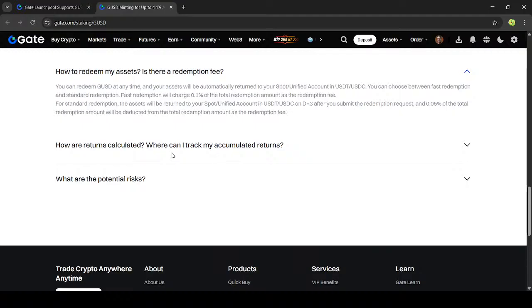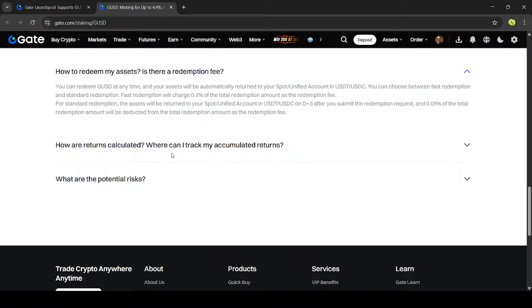You can redeem GUSD at any time and your asset will be automatically returned to your unified account. For USD and USDC you can switch between fast redemption and standard redemption. The fast redemption will charge 0.1% of the total redemption amount as the redemption fee. For standard redemption, the asset will be returned to your spot unified account in USDT or USDC, T plus one, after you submit the redemption request, and 0.05% of the total redemption amount will be deducted from the total redemption amount.